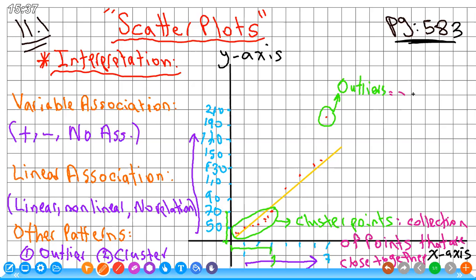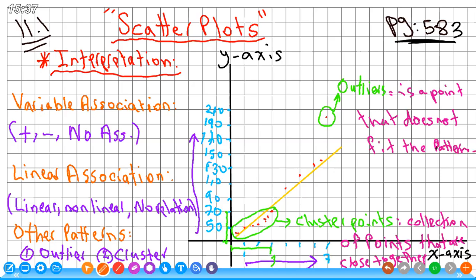A point that does not fit the pattern. Okay, does not fit the pattern. Is it clear?